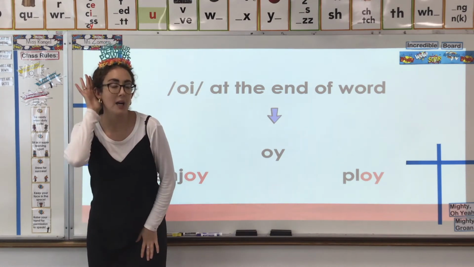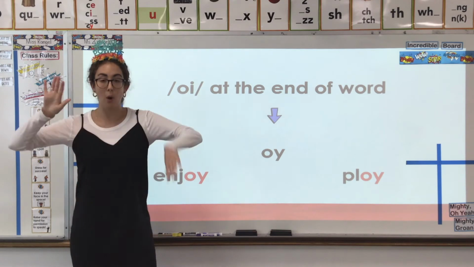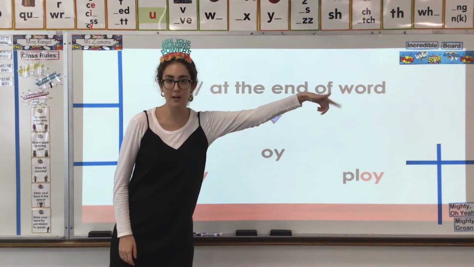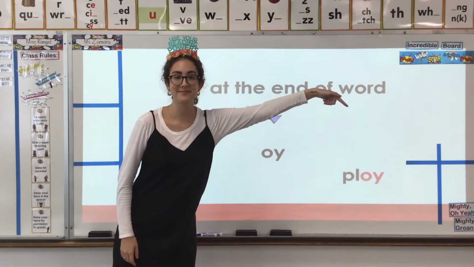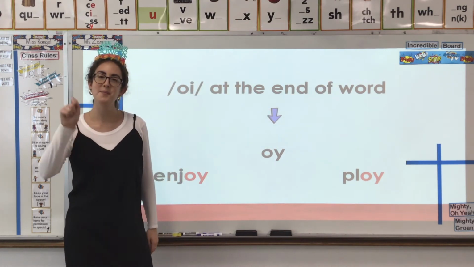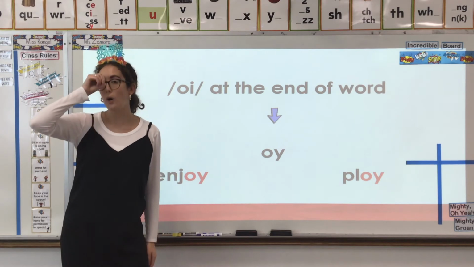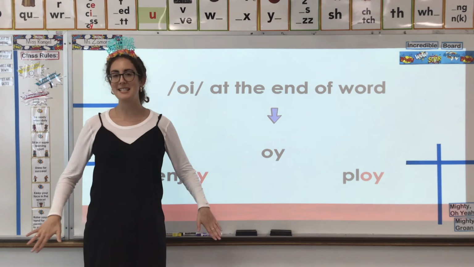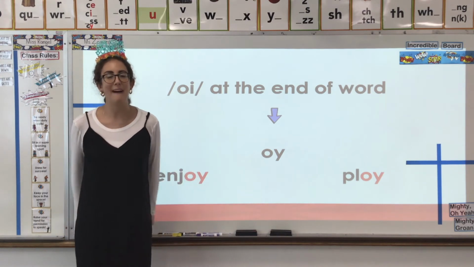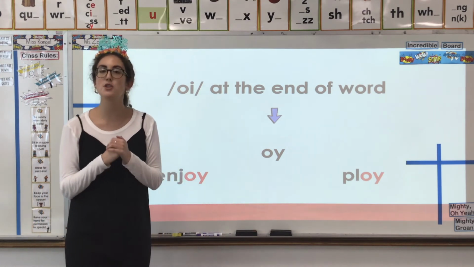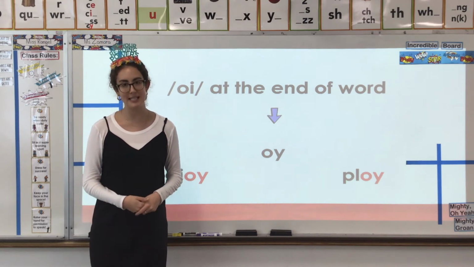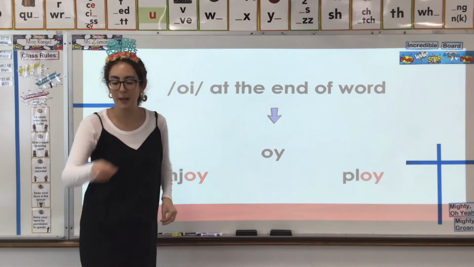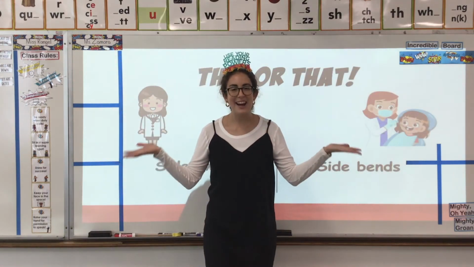When I hear oi at the end of a word, I spell with O-Y. Mirrors down. There we go. Okay, good job reviewing these super important encoding skills. So we are going to use them right now in our workbook, but we can't get there until we do this or that.